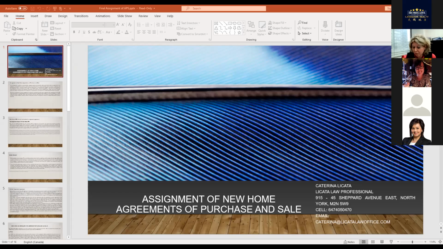The developer has to pay CRA, and then he can ask the Canada Revenue Agency to refund his HST rebate. So the assignee will get it, but at the closing date, he has to advance it.